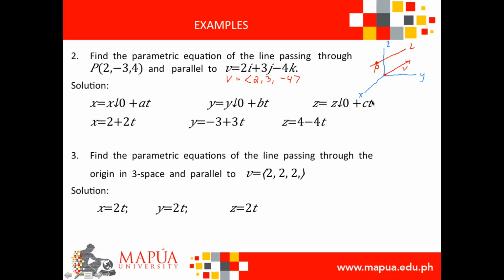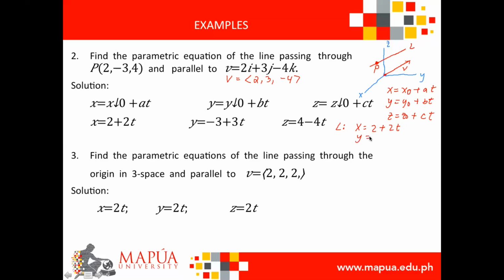With that, using the formula x = x sub 0 + at, y = y sub 0 + bt, and z = z sub 0 + ct, and using the given coordinates of your point P and the components of your vector V, we can now write the equation of your line L. x = x sub 0, which is 2, plus your a, which is also 2, times t, that is 2 + 2t.